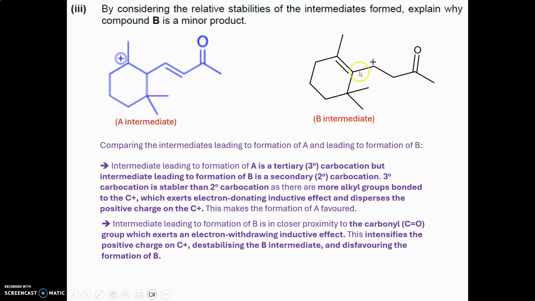When this C plus is very close to the ketone, it will intensify the positive charge on C plus, and this destabilizes the carbocation for B, and makes it harder to form. So either one of these explanations can be used to explain why A is more favored than B, which leads to B being a minor product.